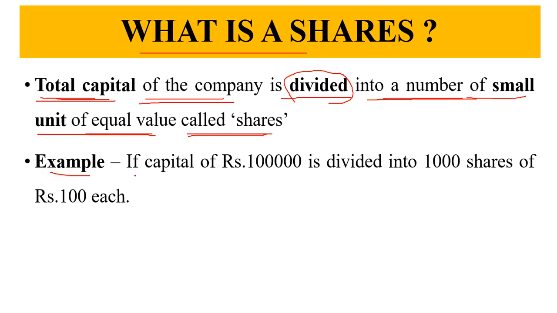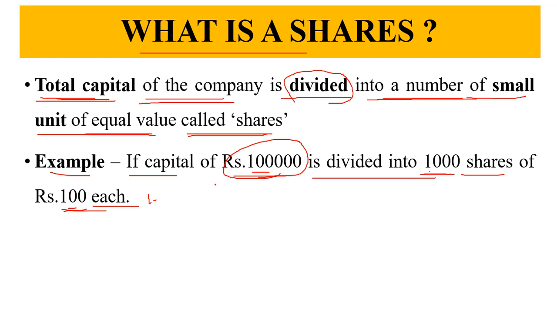Now for example, if the capital is 1 lakh rupees and this 1 lakh rupees is divided into 1000 shares, and the value of each share is 100 rupees, means one share is of 100 rupees. So if you multiply 1000 by 100, you get the total capital of 1 lakh rupees.